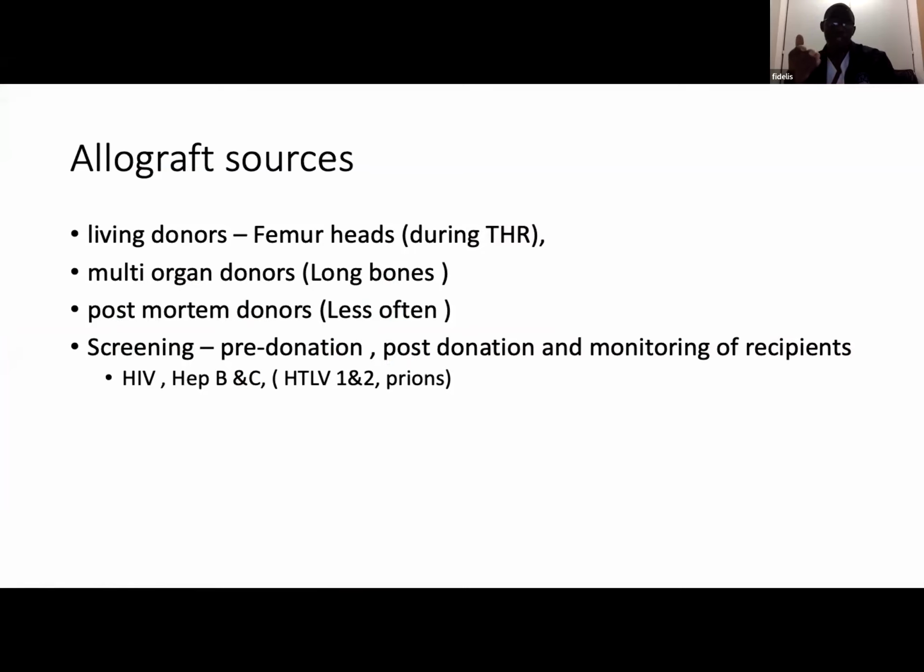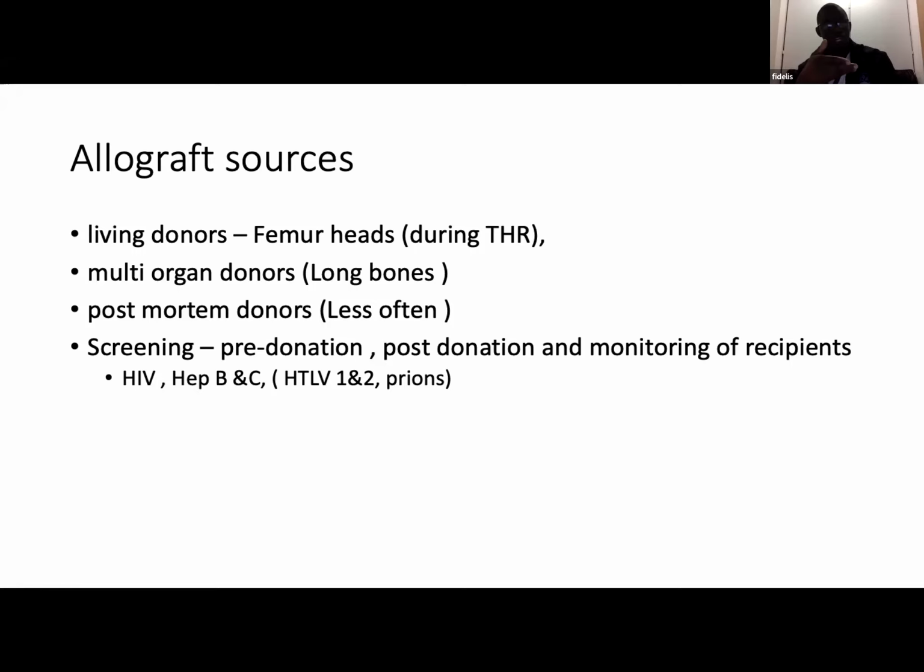The biggest source for allograft is living donors. So patients who are going through total hip replacements, and after you do the femoral neck cut, they collect the femoral heads in an aseptic manner. And then other sources are multi-organ donors.